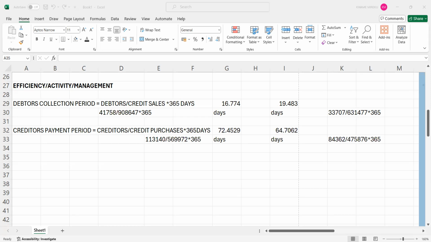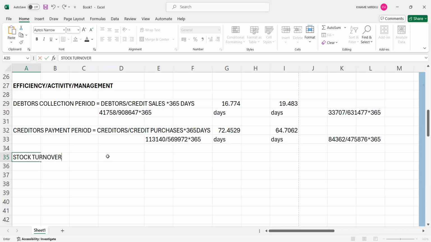Now look at, on average, how long it takes you to sell your stock. On average, how long it takes you to sell your stock. Okay, so let me come here. Stock turnover period.